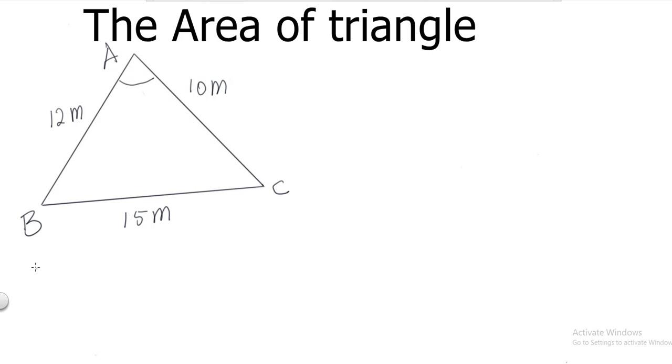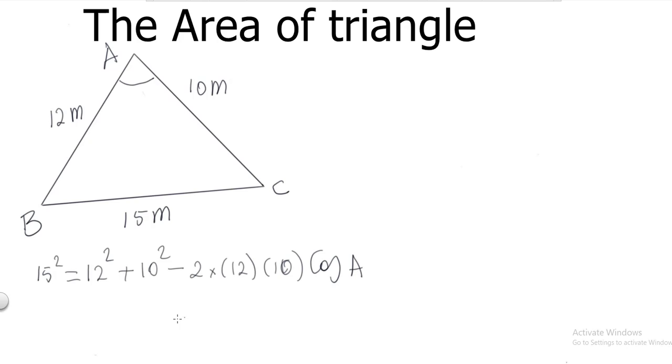So what will be the cosine rule? We take this side, which is BC. BC will be 15 squared, and we take the two sides: 12 squared plus 10 squared minus 2 times 12 times 10 times cos A. So here we'll have 225, if I'm not mistaken.